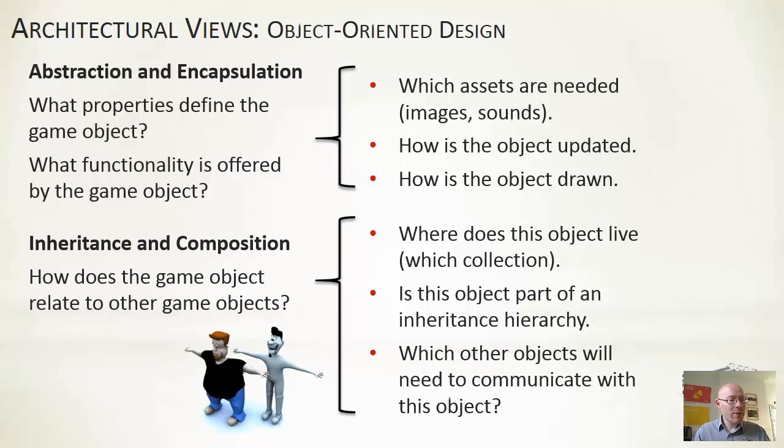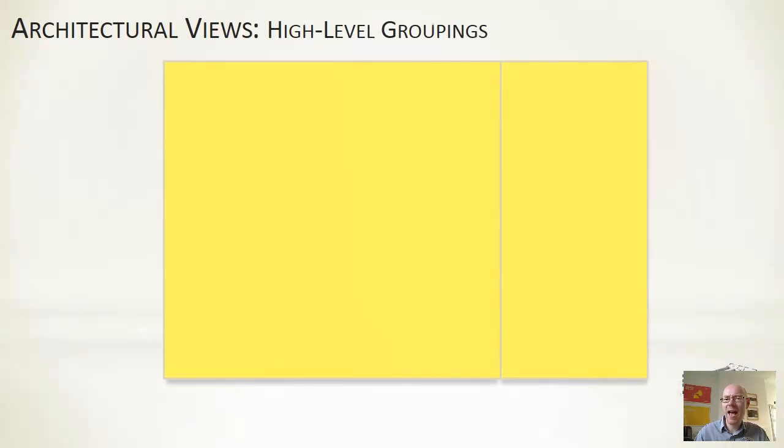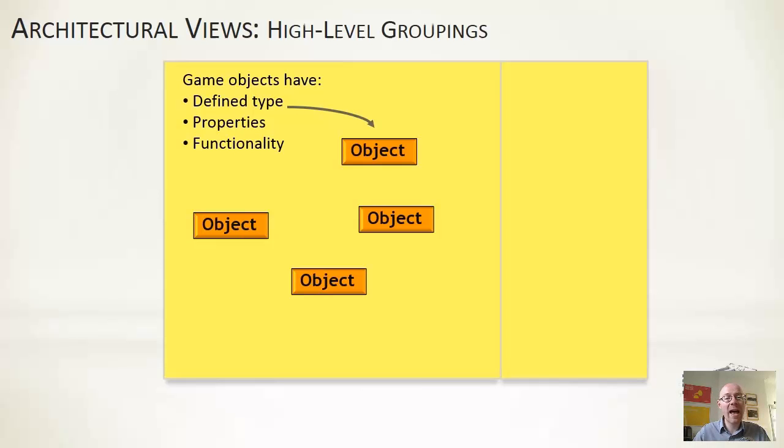Grouping all this together, we can come to this first very high-level, hand-wavy overview. So if we're thinking about modeling our particular game, what we will have is as follows. We'll think about our game in terms of the objects that we have within the game. That's the right point to start at. For each of those objects, we want to say, well, what type of object is it? What properties do we think that object will have? What functionality do we think it will have?